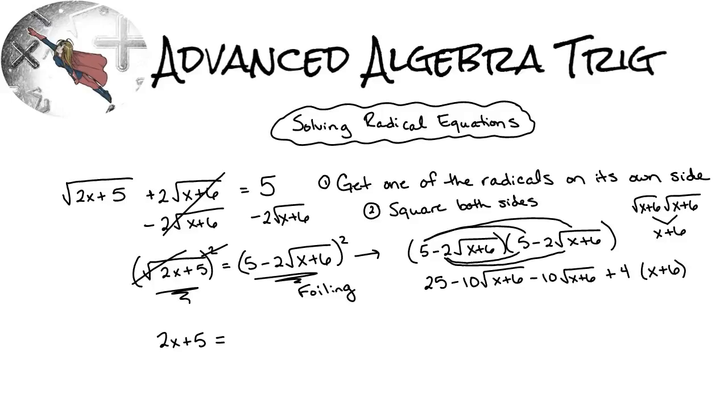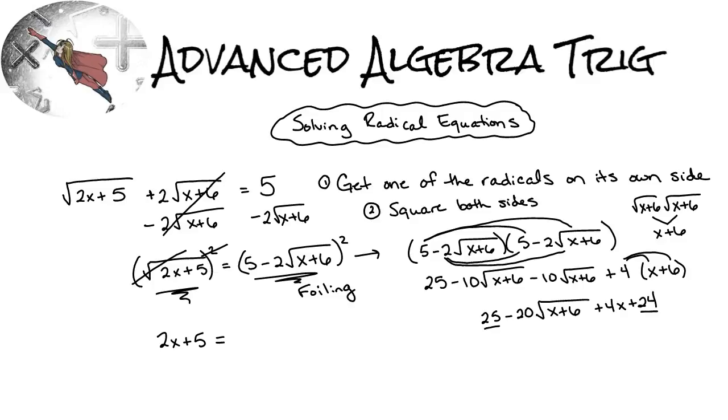So now I can combine like terms. So I'll get 25 minus 20 rad x plus 6. And I can distribute the 4. So plus 4x plus 24. And I still have a couple terms now that I could combine, the 25 and the 24.